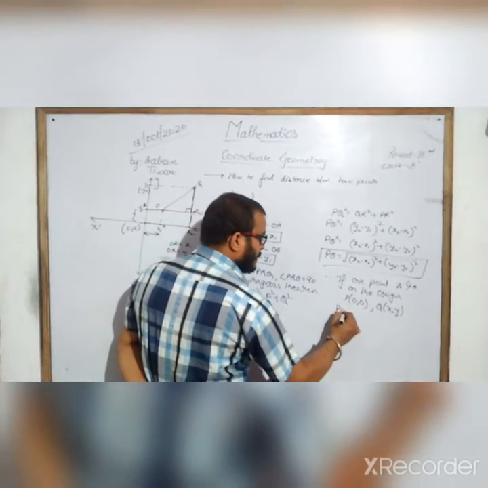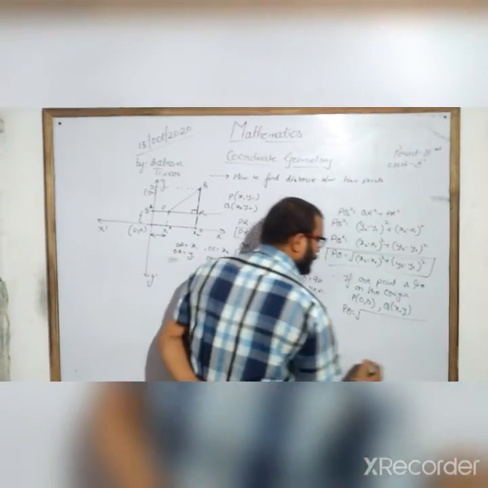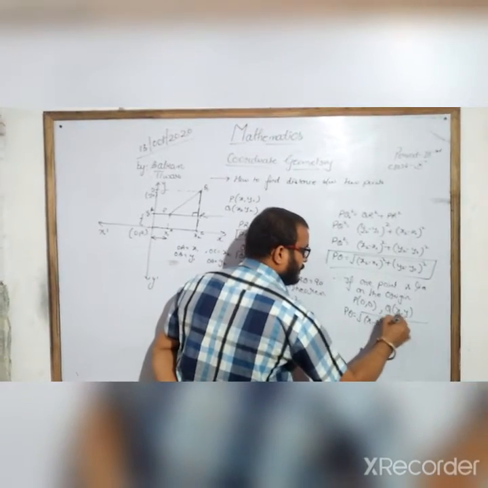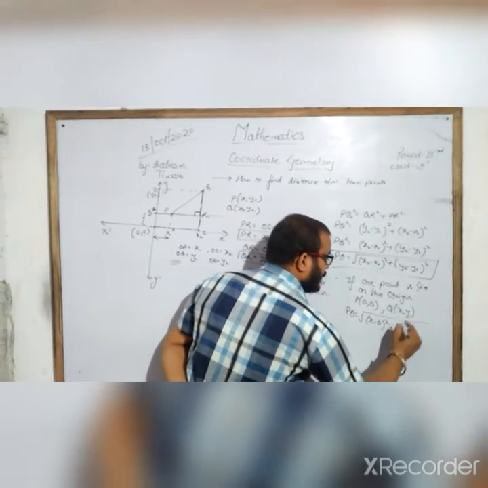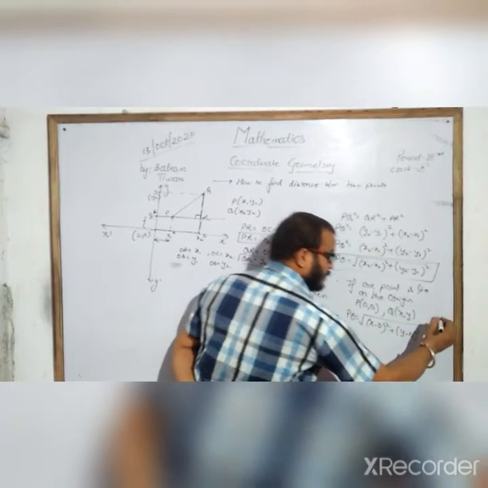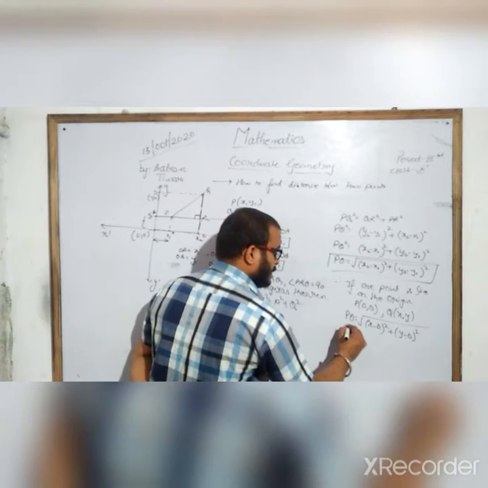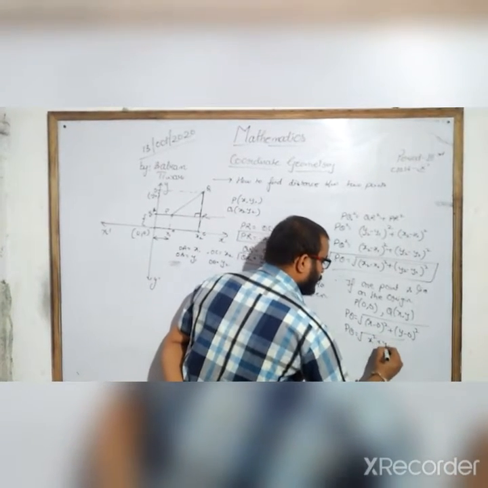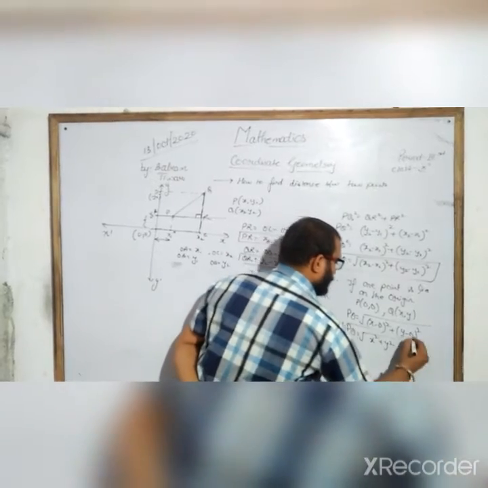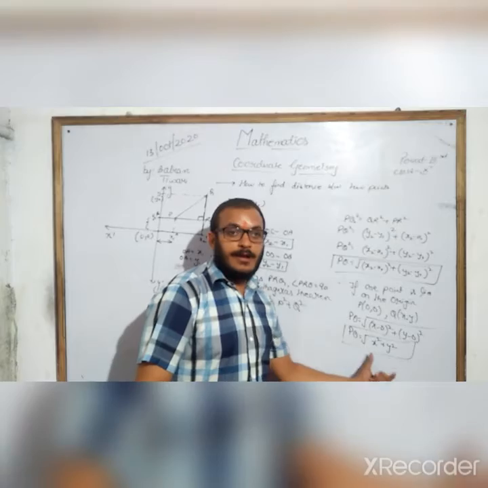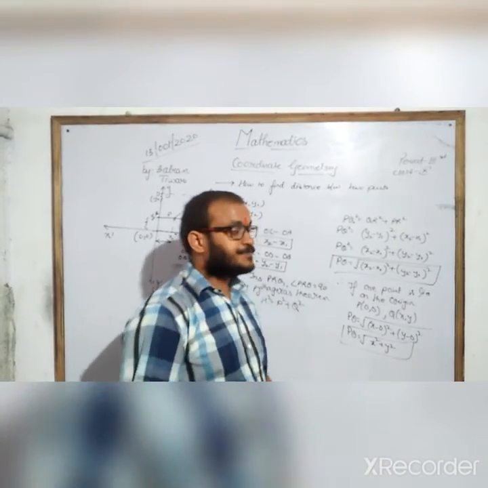Easily you can find the distance. It is root over x2 minus x1 whole square plus y2 minus y1 whole square. So the PQ distance now becomes root over x square plus y square. This is what we get if one point lies at the origin.